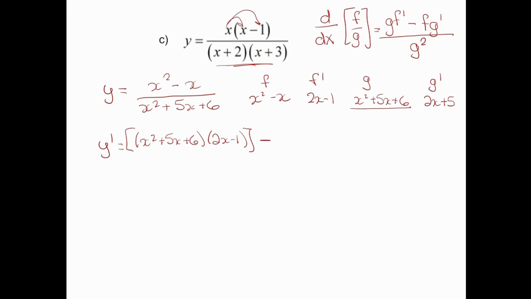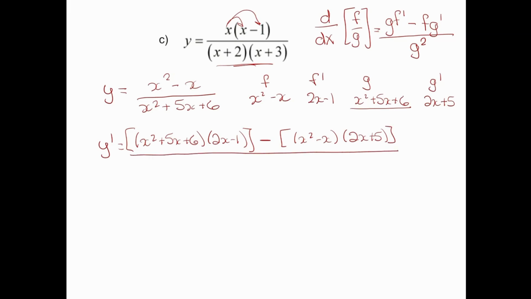Okay, that makes me feel a little better. And let's do the same thing over here. Now for this one, I have high d low. So I have my top, which was x squared minus x, times my derivative of my bottom, which was 2x plus 5. And again, feeling a little better about having that all contained.